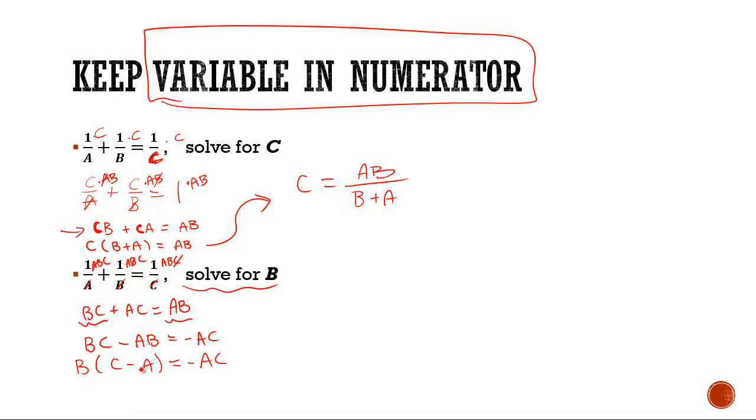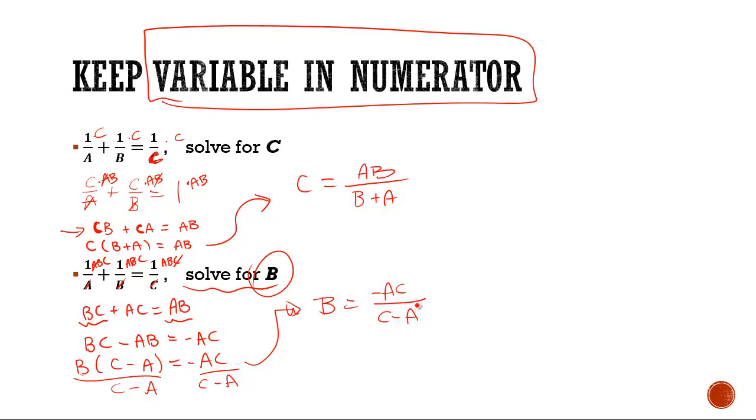It's a very important trick to have up your sleeve, to get your variable together into one area so that you can factor it out so that it's in one place, not two. So now you can divide both sides by c minus a, and you have b equals negative ac over c minus a.